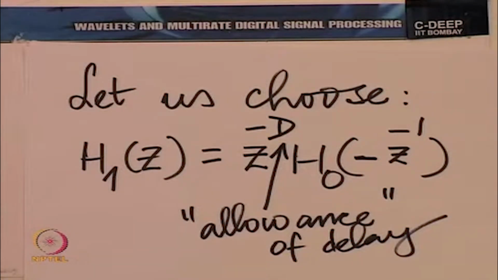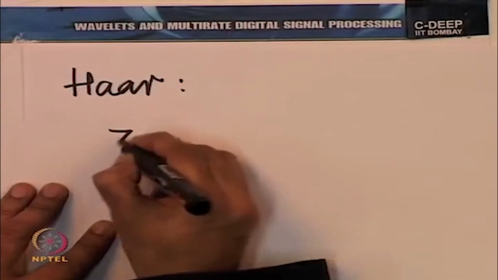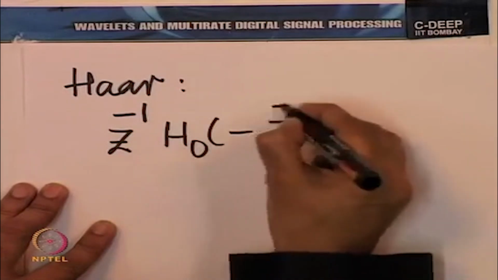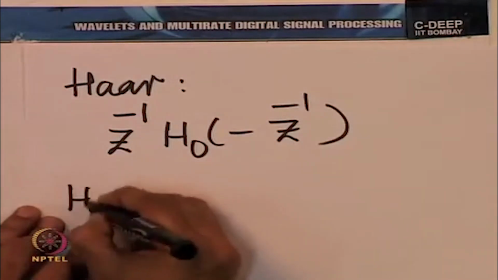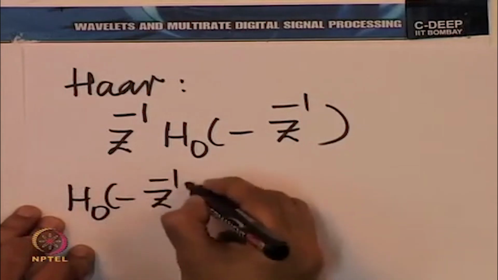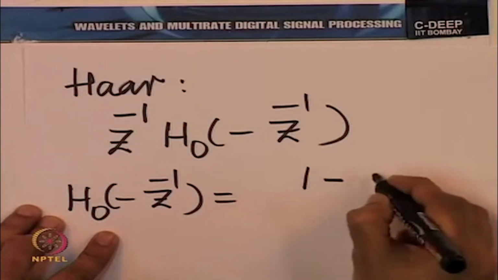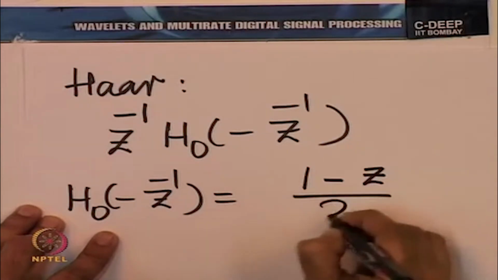If we do that, in fact, we can verify for the case of Haar. It is very easy. For the Haar case, let us take z inverse times h 0 of minus z inverse. And indeed, h 0 of minus z inverse for the Haar case is essentially 1 minus z by 2.